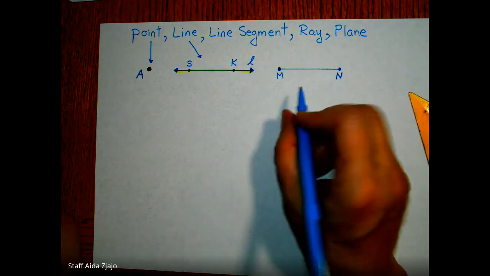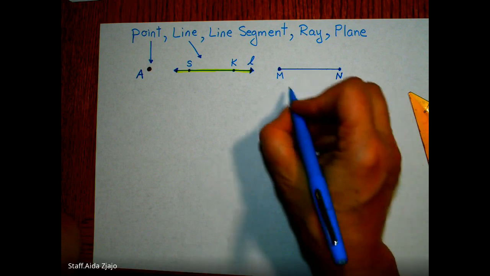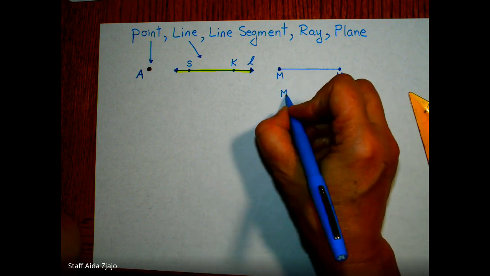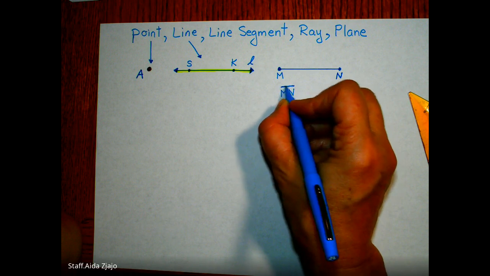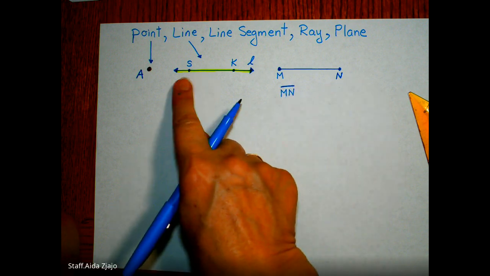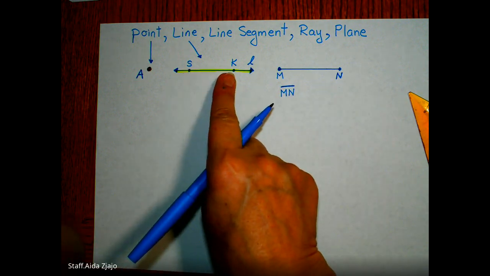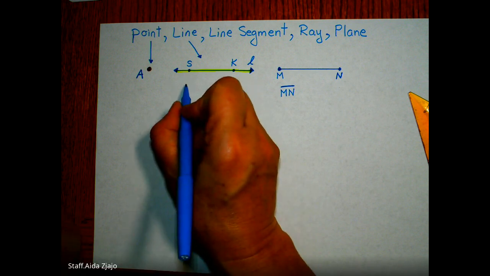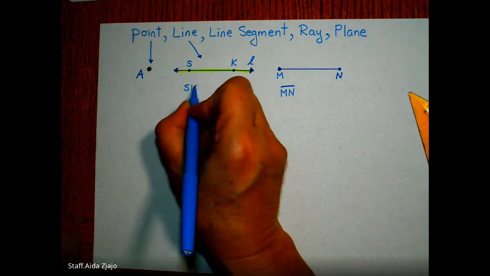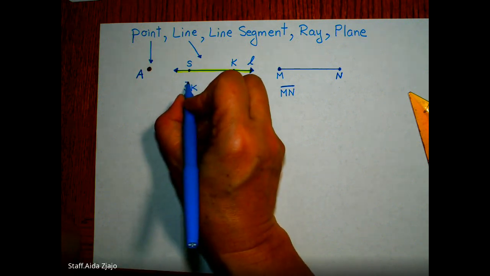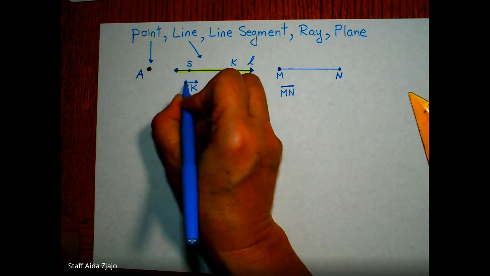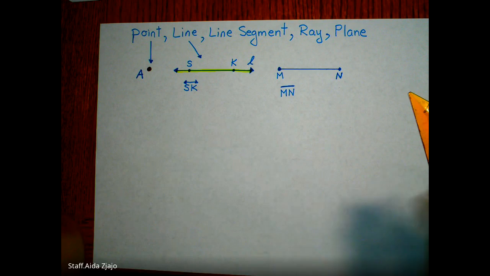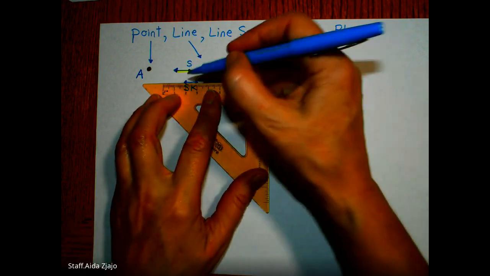So we can label that as line segment MN, and we write a line at the top. If we label this as SK, we will do S and K, and we will put a line on the top, but that line has to have arrows, same as the line that we just drew.